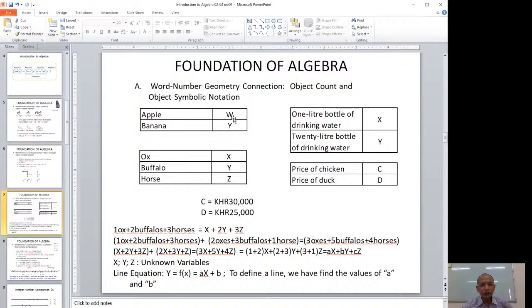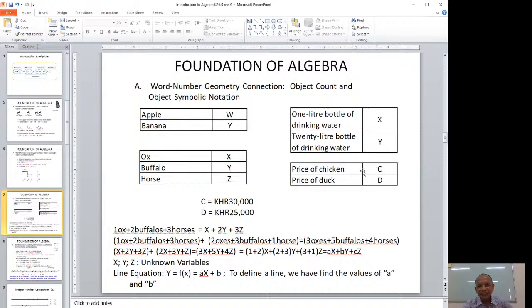Apple represented by W, banana represented by Y, and then ox represented by X, buffalo represented by Y, horse represented by Z. Here also, a one liter bottle of drinking water represented by X, a 20 liter bottle of drinking water represented by Y. Instead of saying words like this, we just represent by one letter.